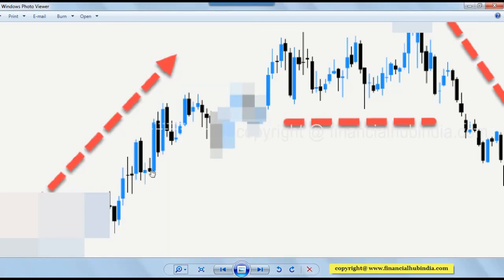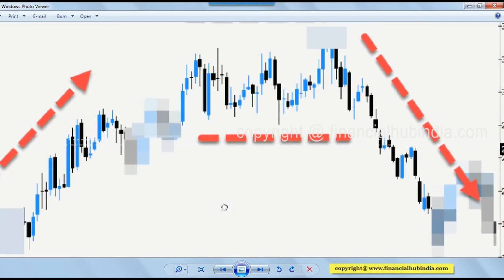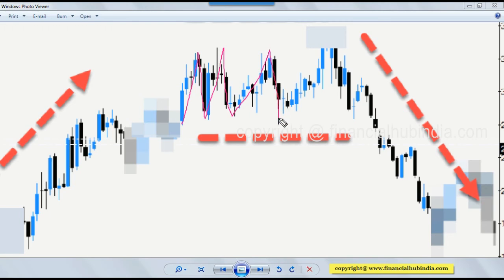Okay. Now next what happened? Price moved up till here and then started zigzagging again. But now what's going on? Is it making a larger higher move and a smaller down move? No. Is it making a larger down move and a smaller up move?